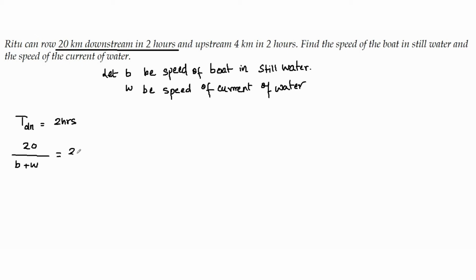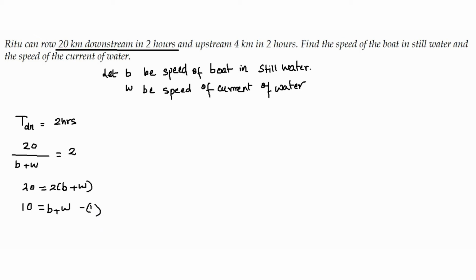And this equals 2 hours, right? So over here, the sum of the time is not given, just the time taken to go downstream 20 kilometers is given. So this is the simple equation, which means 20 is equal to 2 times B plus W, and therefore 10 is equal to B plus W. This will be my first equation.